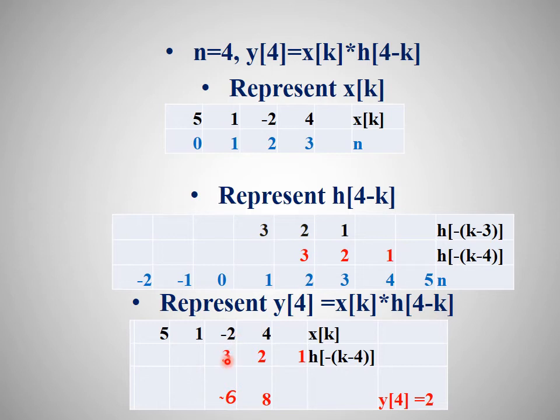So at 2 it is going to be minus 2 in this case. So here it is 3. So this is 3, this would be 2, and at n equal to 4 we still have 1. So the product is 3 into minus 2 is minus 6, 4 into 2 is 8. When we sum 8 minus 6, y of 4 gives us 2, which is the solution for x of k into h of 4 minus k.